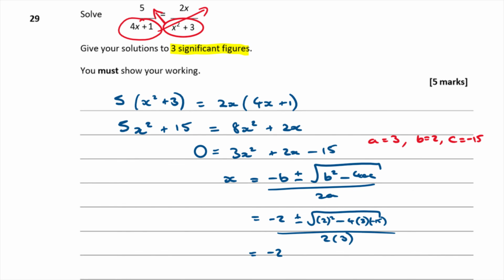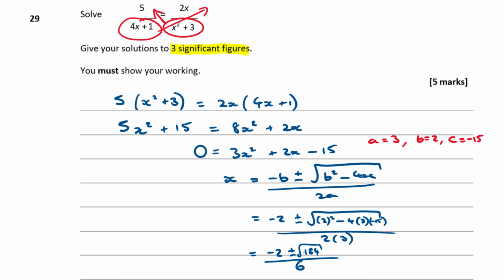That's minus 2 plus or minus the root of 4 minus negative. 4 times 3 is 12, 12 times 15 is 180, so it's plus 180. 4 plus 180 is 184. So it's minus 2 plus or minus the root of 184, all over 6.